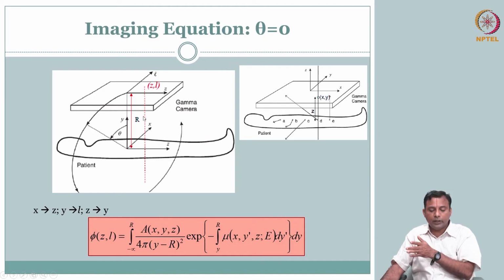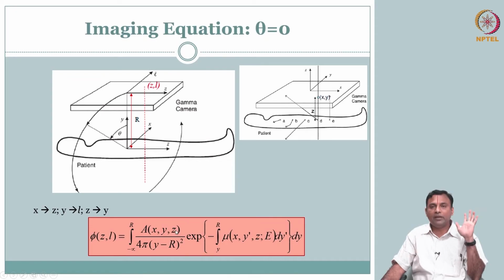So I just need to worry about X comma Y. A of X comma Y is what I want. I can locate it at different Z's, at the head or at the foot, that is fine. So we will not have to worry about this variable Z; we can make this a plane, which is what we will be interested in. We are not interested in volumetric imaging, we will do only slice imaging here.